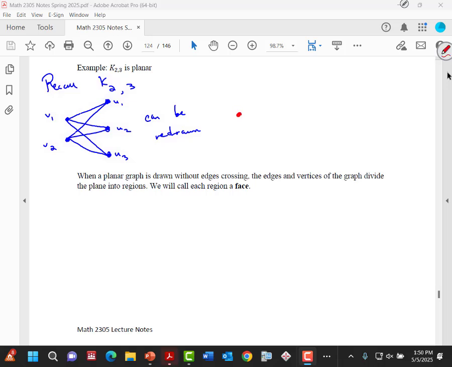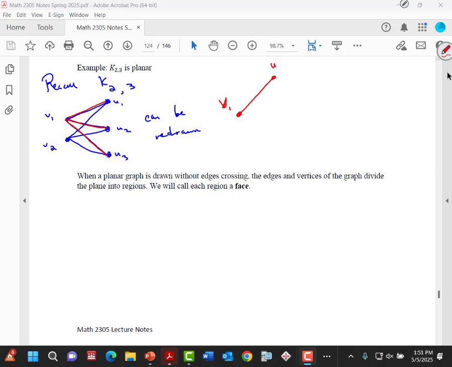Let's take a look at V1. Who is V1 connected to? V1 is connected to who? U1, U2, and U3. Okay, so let's draw it as follows.